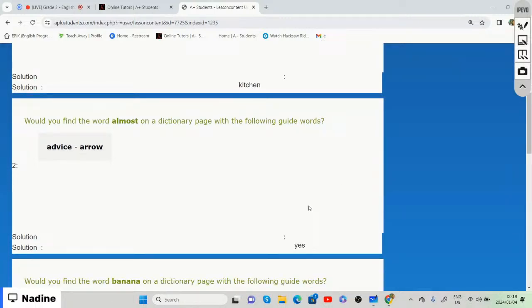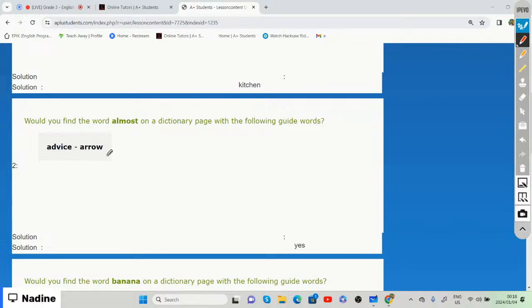If we look at these two guide words, we have advice and we have arrow, right? If we look at this word, almost, do you think almost is a word that comes between advice and arrow?